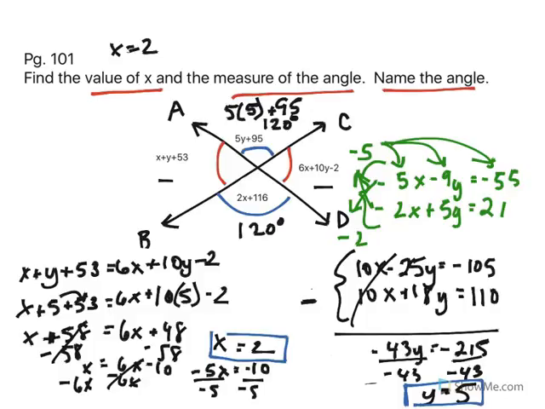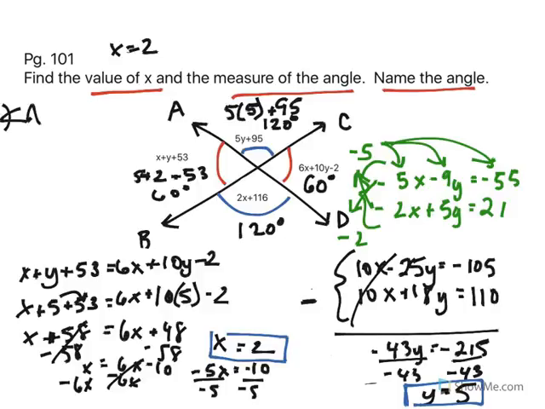And then let's plug the value of x and y into this one. And we'll get 5 plus 2 plus 53 equals 7 plus 53 is 60. Okay, we know that these two are equal, so this must also be 60. And we have found the measures of the angles and named the angles.